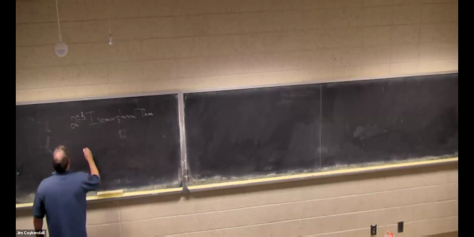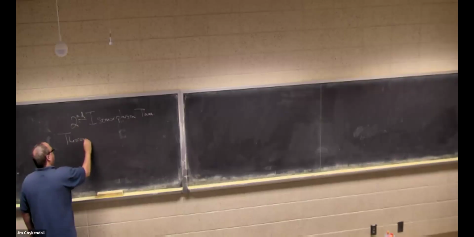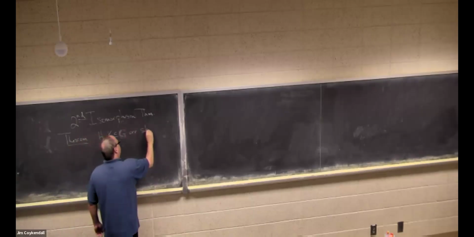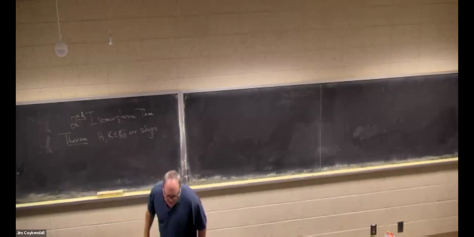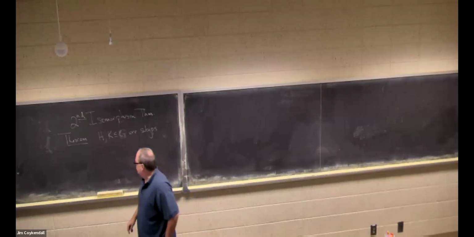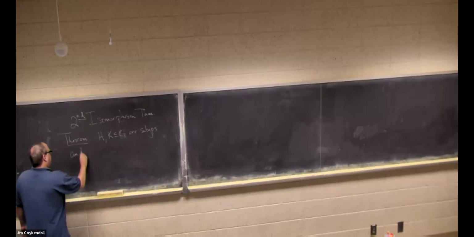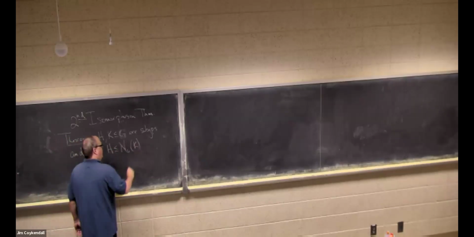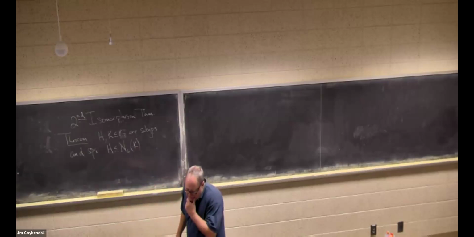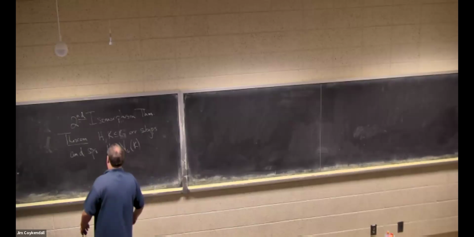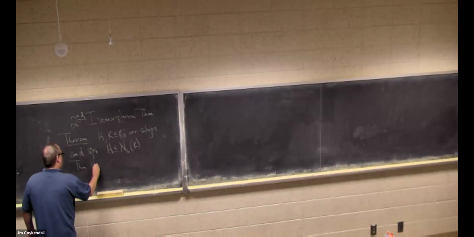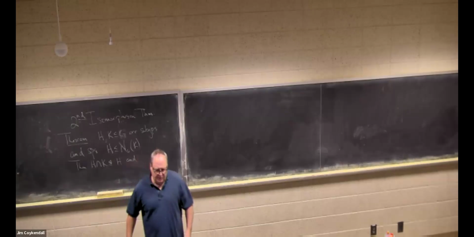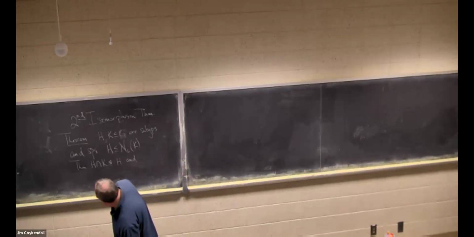Let H and K be subgroups of G, and I know that H is contained in the normalizer of K in G. Then H intersect K is normal in H. And you have the isomorphism HK mod K is isomorphic to H mod H intersect K.